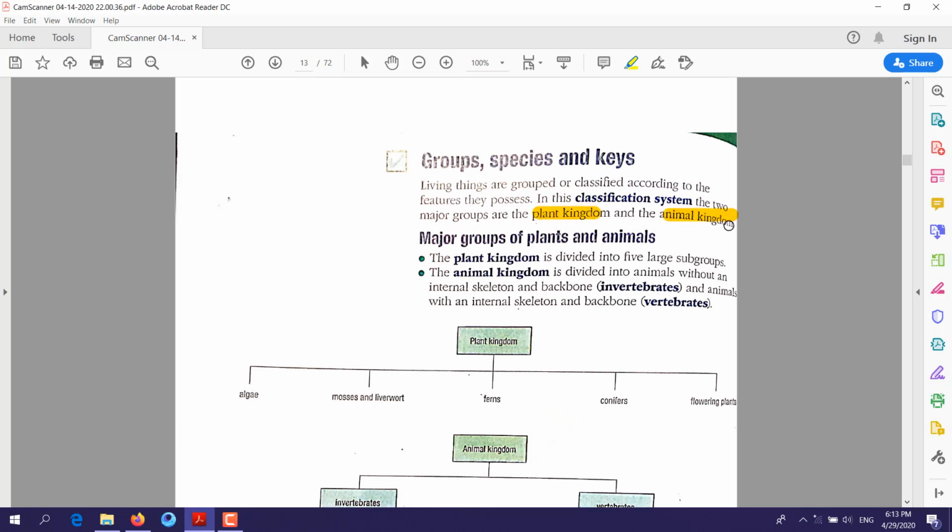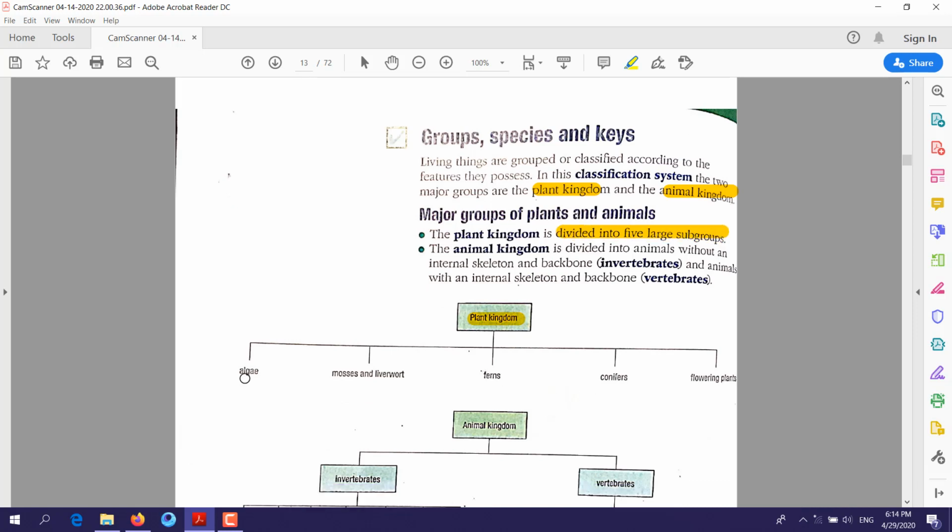So here we will depend on these two kingdoms, the plant kingdom and animal kingdom, and we will see how we can classify more about each one of them. For example, if we take the plant kingdom, we will see it is divided into 5 large subgroups.